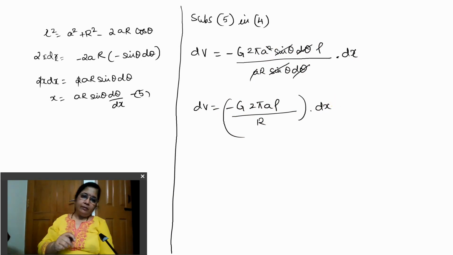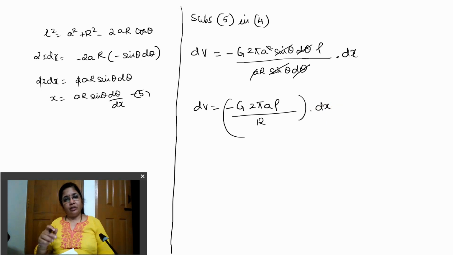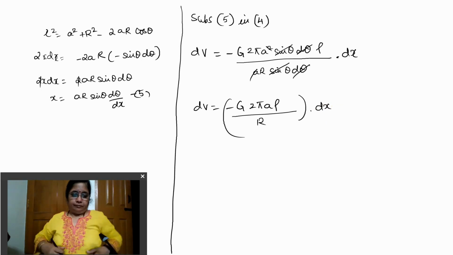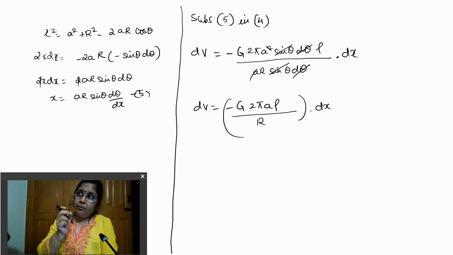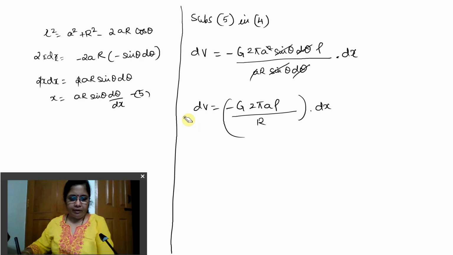So this dv is the potential at a point outside the shell due to this small ring. So what do we have to do? Now to find out the potential due to the entire shell, obviously we'll have to integrate.